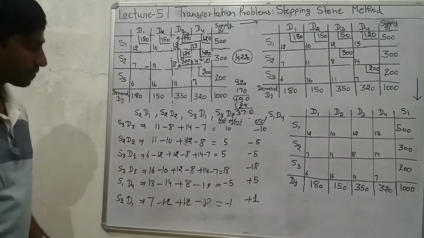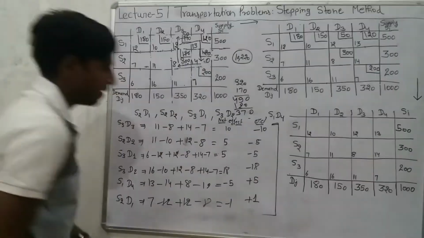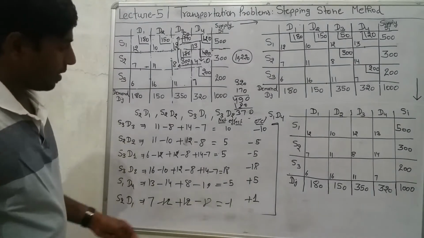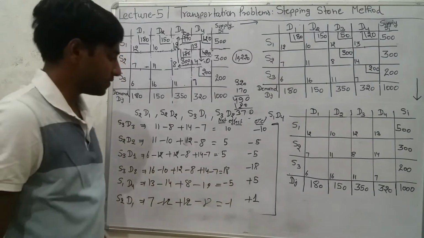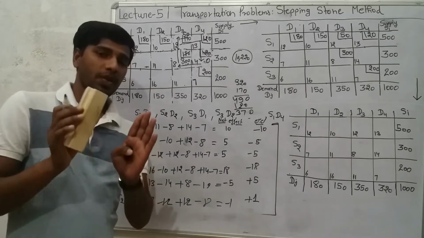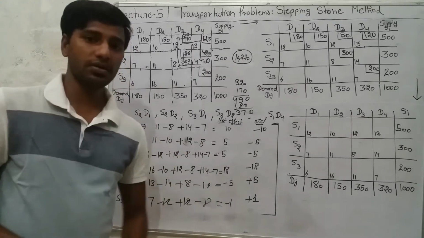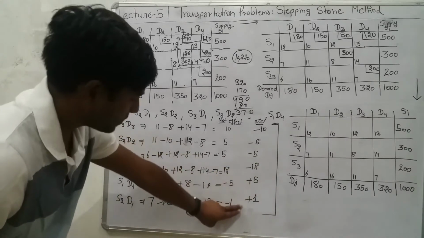I forgot to tell you something. What's the condition for getting an optimal solution? If all the opportunity costs of an initial feasible solution are negative, it means our solution is optimal. And if it is not so, then the solution is not optimal. In our case, 2 of the opportunity costs were positive.